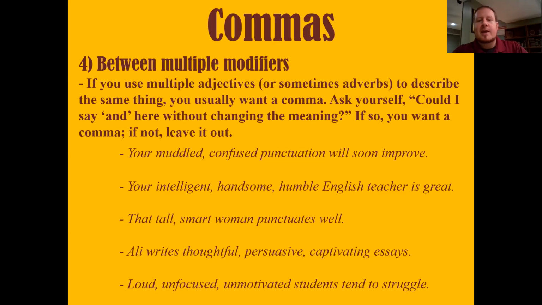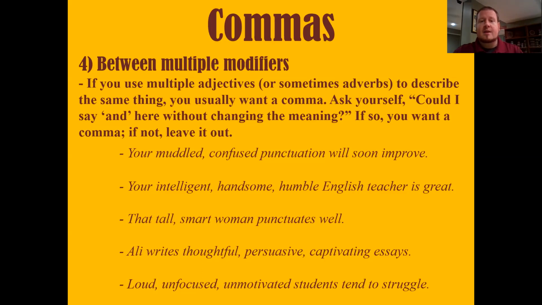Now, your intelligent, handsome, humble English teacher is great. Notice that there are commas between intelligent and handsome, between handsome and humble, but not between humble and English. Use the and rule. Your intelligent and handsome and humble English teacher is great. If we put a comma between humble and English, then I would put another and in. And then the sentence would read this way.